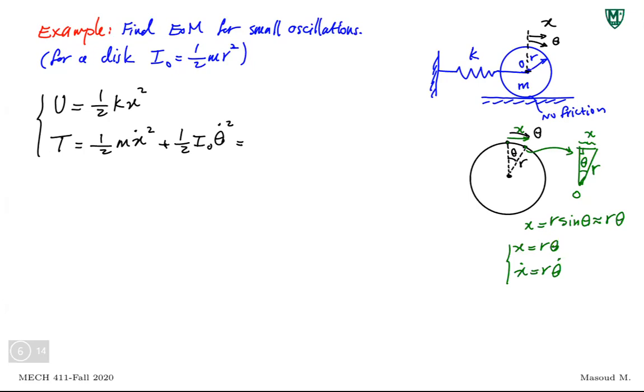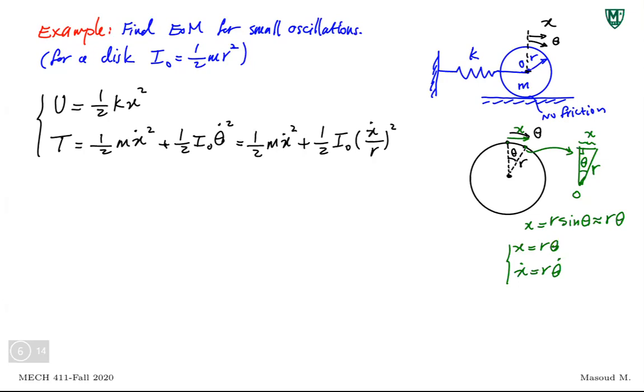Because two things are functions of x and one is theta, it makes more sense to rewrite that one expression as a function of x. So I'll write it this way: m x dot squared plus 1 over 2 I_O, and theta dot is x dot over r, squared. Now everything is in terms of x. We took advantage of the fact that this is a small oscillation.